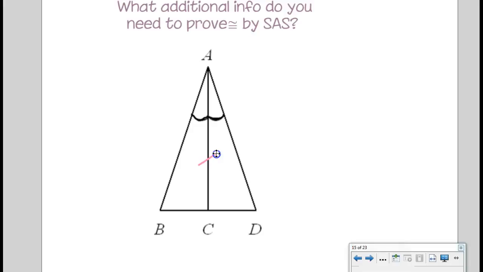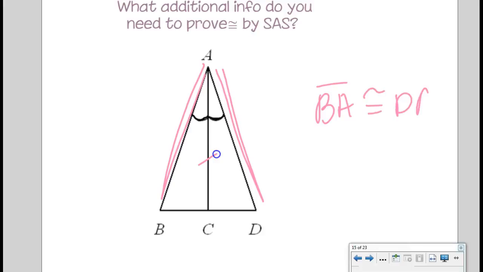Which one do we need? Very good. We need this one, to be congruent to this one. So all you do is name it. We need segment BA to be congruent to segment DA. Can you reverse the order? Absolutely. That's not a problem.